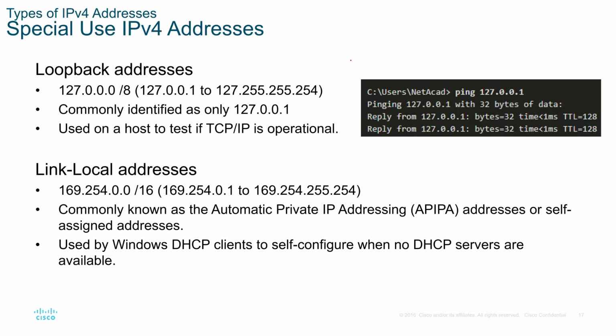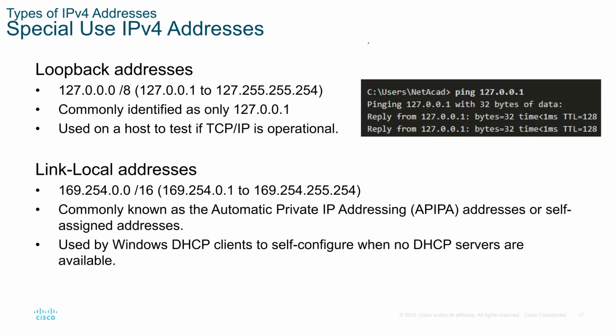Within the address structure, we also have loopback addresses. We use these to test the protocol stack in our hosts to make sure that the operating system can work with the network interface card so that we have access out.